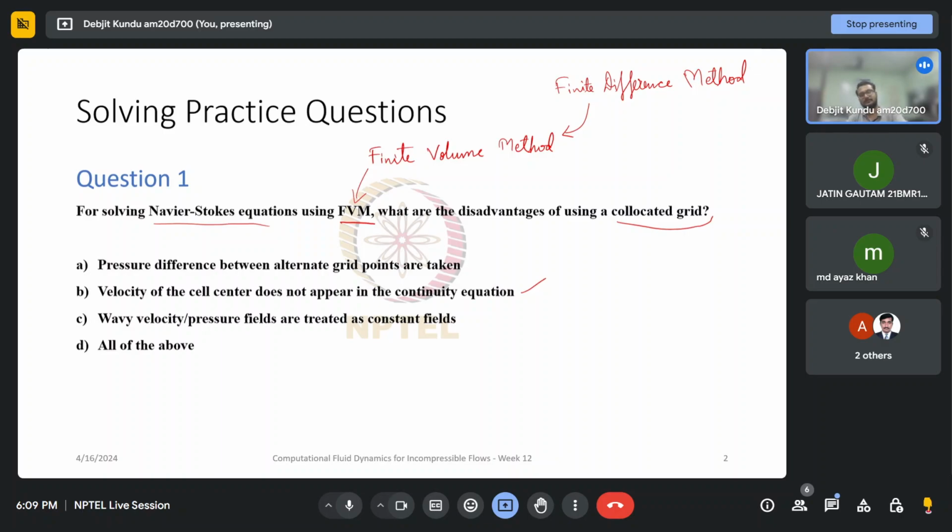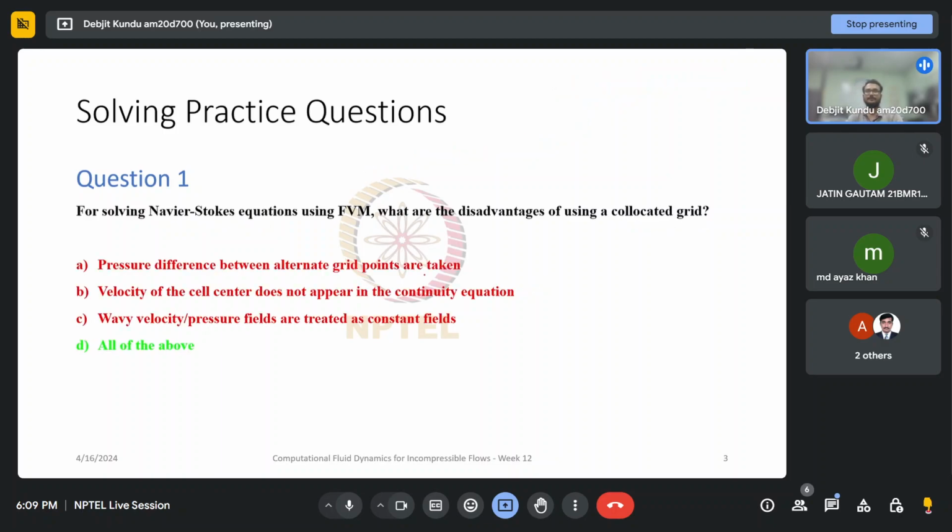Okay, so let's have a look at the solution. It's actually option D, all of the above, because all of these are true. So the first point, we'll go through each of them. The first point says pressure difference between alternate grid points are taken.